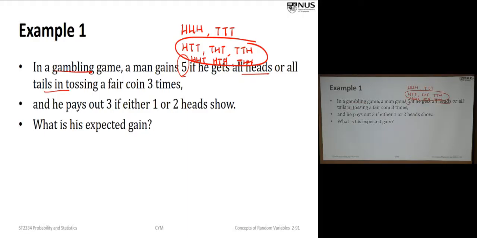You can think of it like this. X is the amount that he gets, defined as the amount of money related to the outcome of tossing these 3 coins. What are the possible values in this case? Can X be 0?